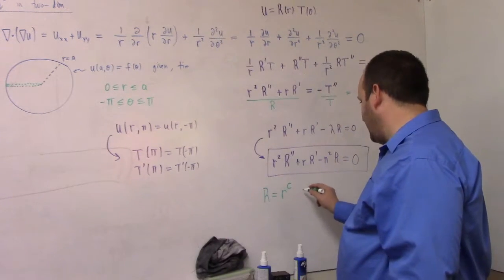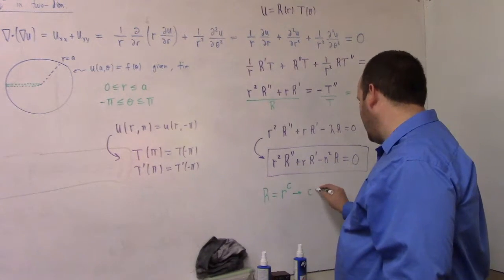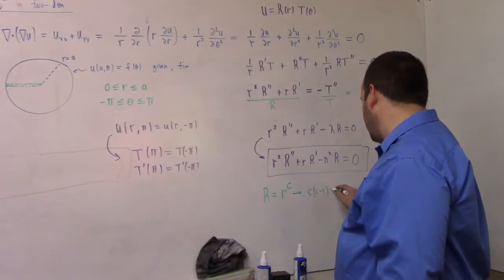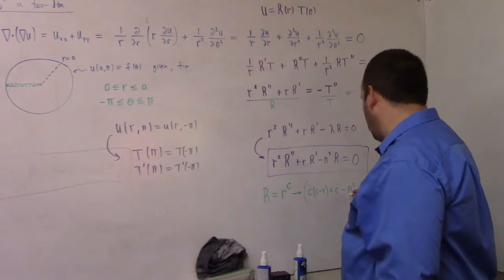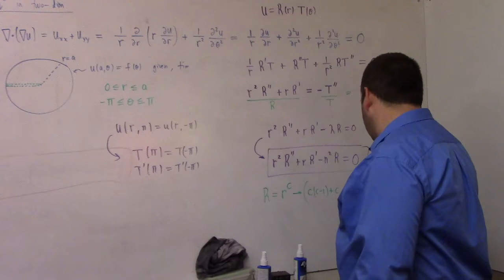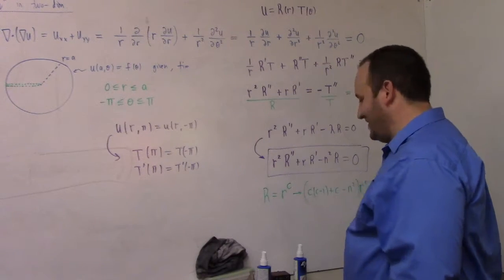So that will give me c times c minus 1 plus c minus n squared, all times r to the c, equal to 0.